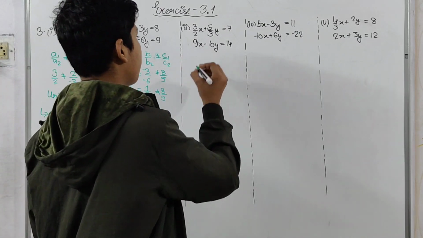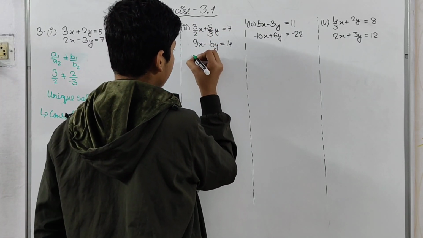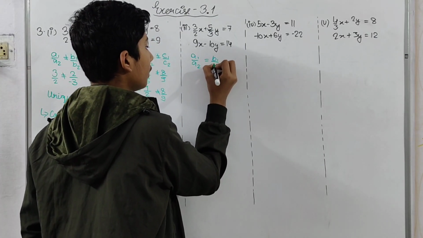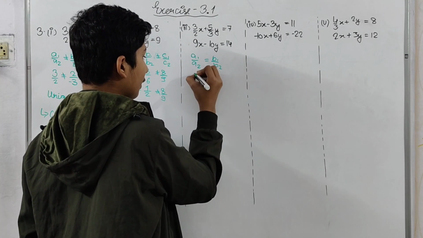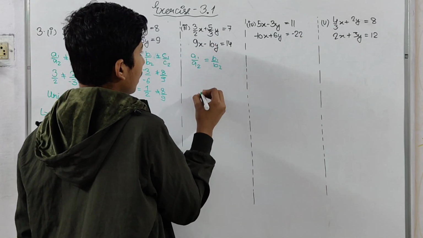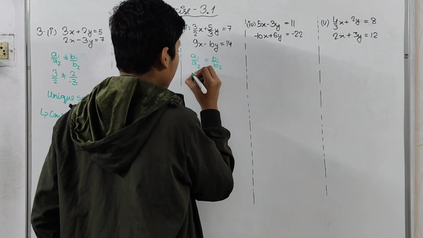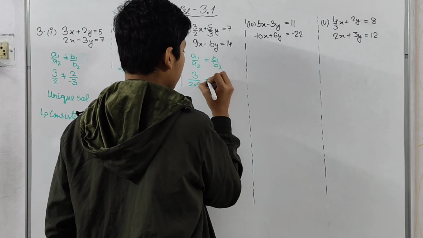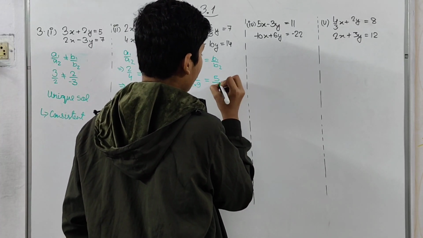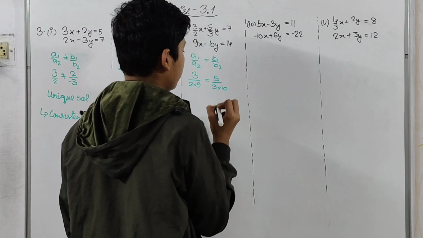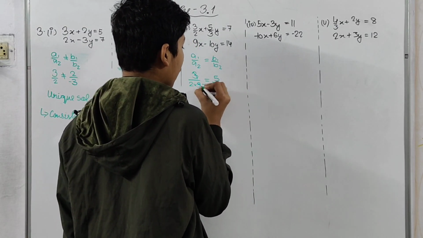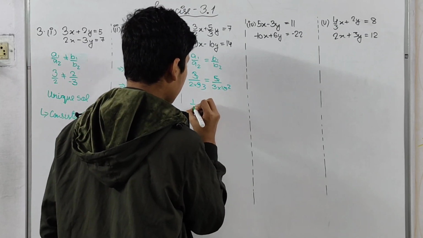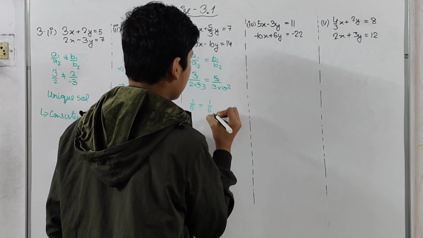Inconsistent. Now this one, 3 by 2. Firstly A1 upon A2 equal to B1 upon B2. Let's solve it. 3 by 2 divided by 9, which is 3 upon 2 into 9, equal to 5 upon 3 into 10. So this is 3 times, this is 2 times, which is 1 by 6 equal to 1 upon 6.